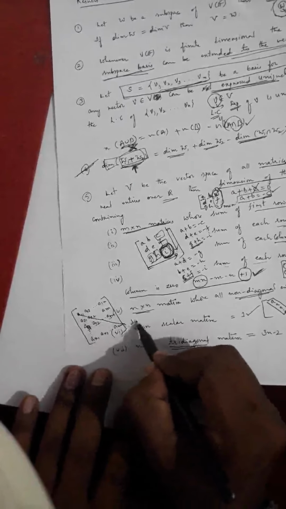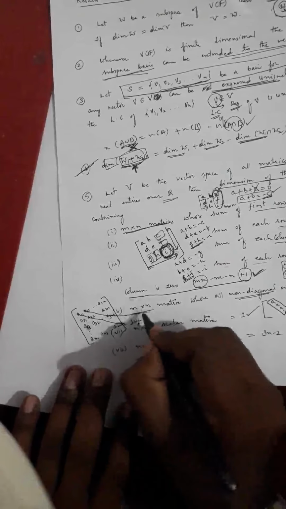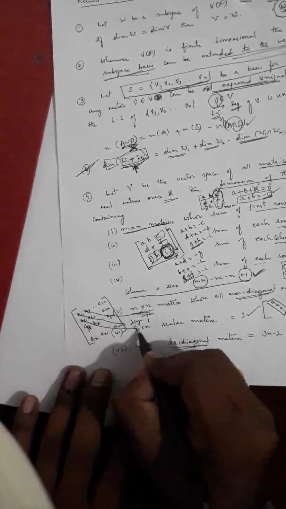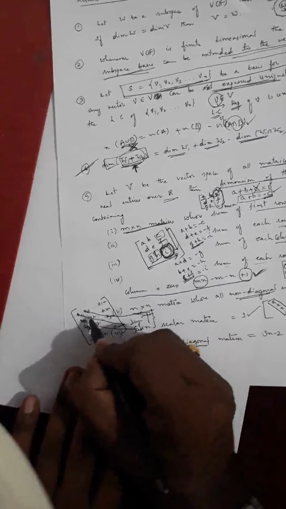So this is diagonal and this is super diagonal and this is subdiagonal. So these three are called tridiagonal. Above the diagonal, below the diagonal. If you include them, it is called tridiagonal.